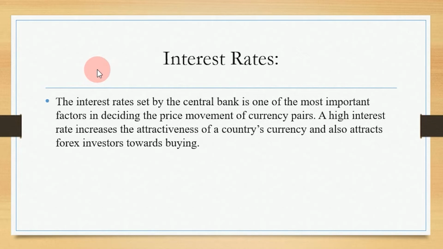In this case, the demand for this currency will increase. As a result, the value of this currency increases as well. So when the demand for one currency increases, the value of that currency increases.